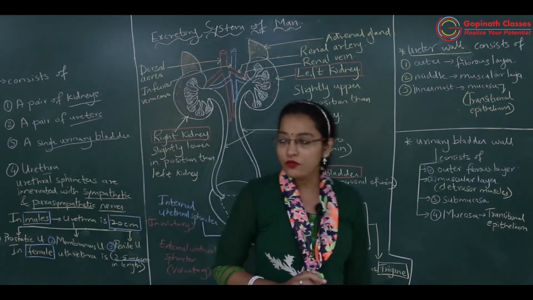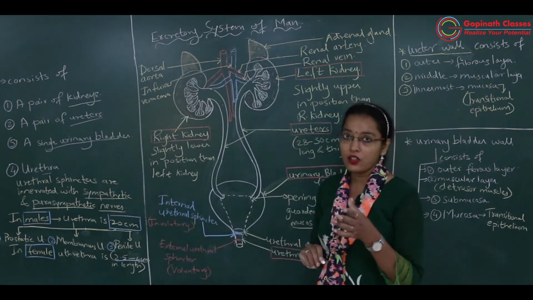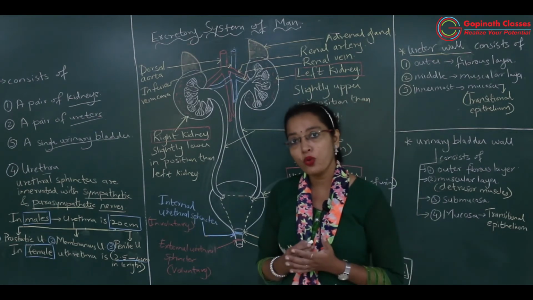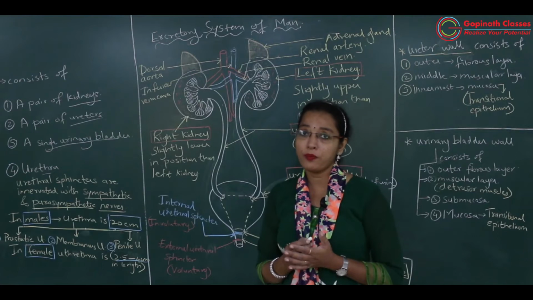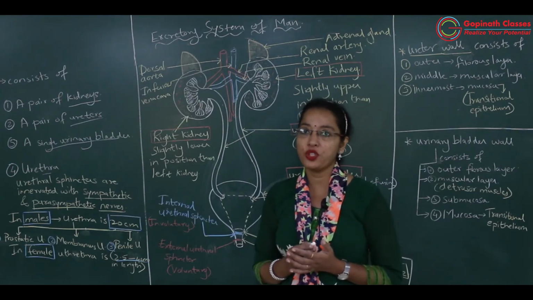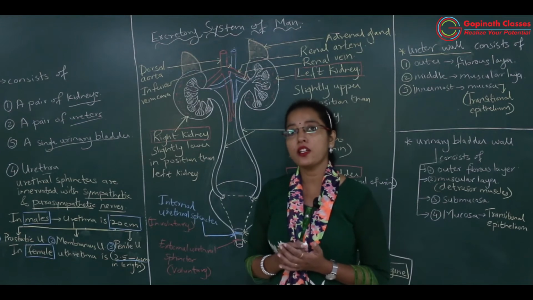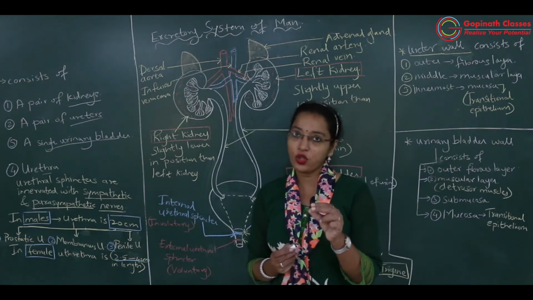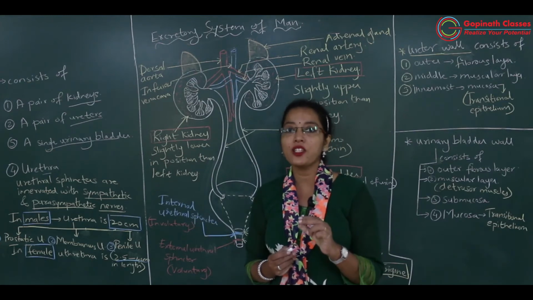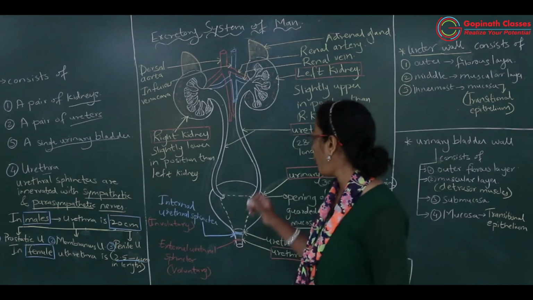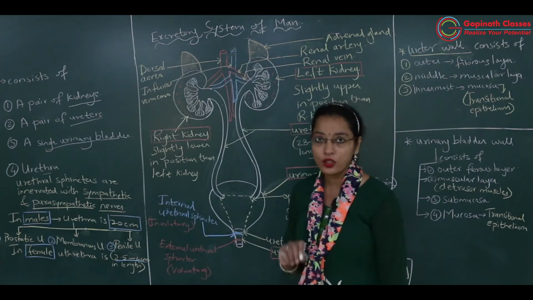And these are quite flexible. Why are they more flexible? To accommodate more volume of urine whenever much urine is produced by the kidney, or else they can constrict whenever less urine is there. So extension as well as compression of the wall of the ureter is possible.